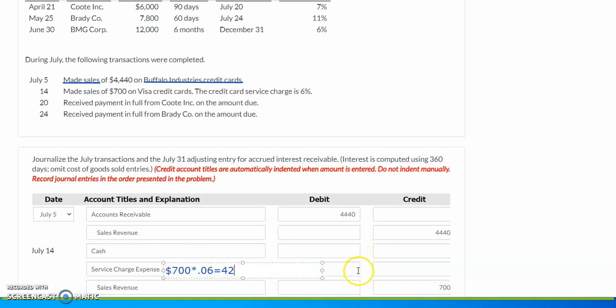So your debit, and you'll remember that all of your expenses are going to be a debit, is $42. And the amount of cash is going to be what's remaining. It'll be the $700, the amount of the sale, minus the $42 service charge. So that will be $658 in this example. So in your problem, you'll include our dollar amounts.